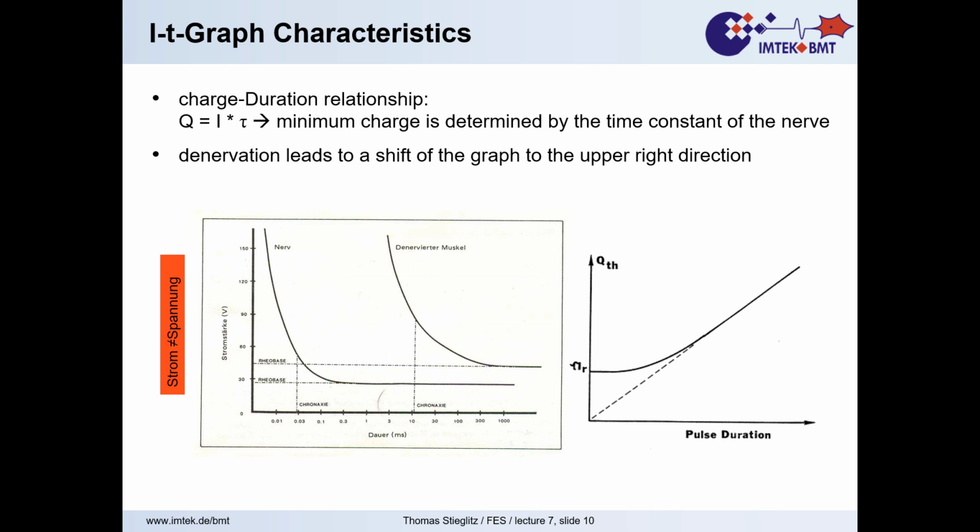And as said before in that current charge energy graph, there's nothing like stimulation with zero charge. So we have here, that's hard to read, that should be the rheobase current times tau. That's the time constant of the nerve, 1 over RC.